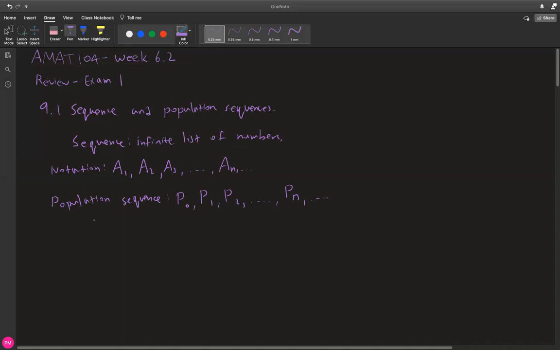I'm not going to go over the definition of explicit formula and recursive formula, because it will be self-explanatory in chapter 9.2 and 9.3.